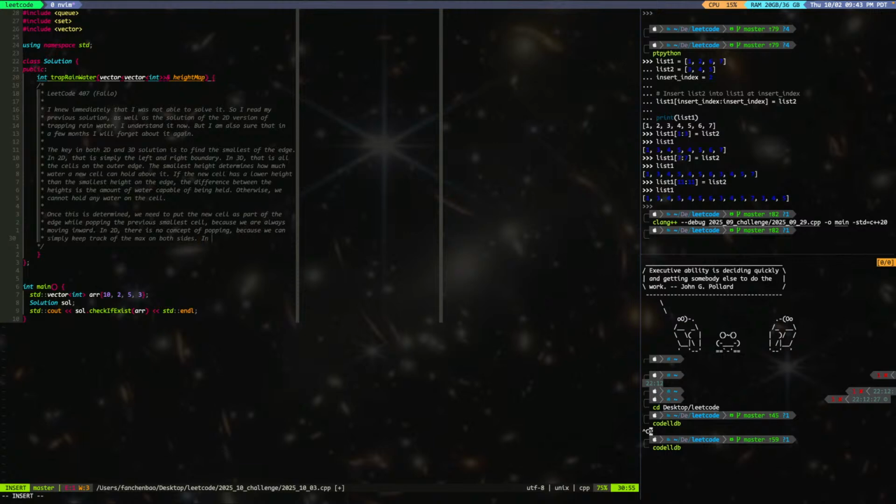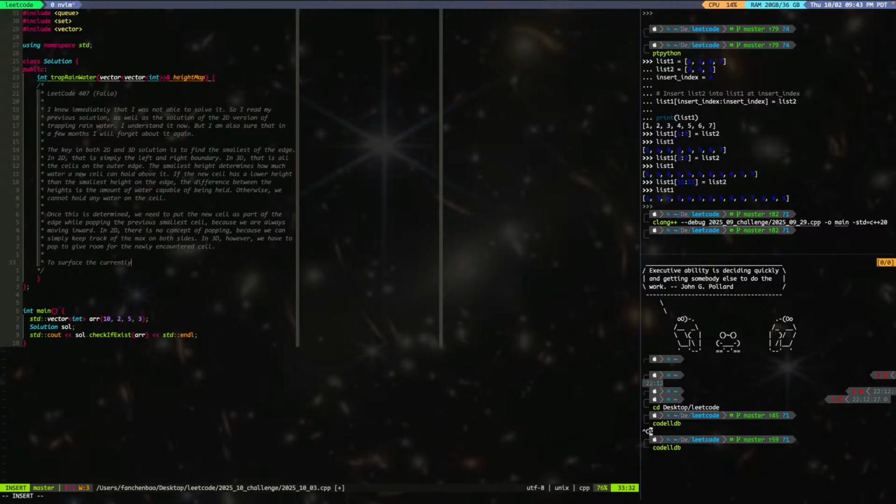In 3D, however, we have to pop to give room for the newly encountered cell, until the surface. Right, the currently lowest cell on the edge, we use a min heap.